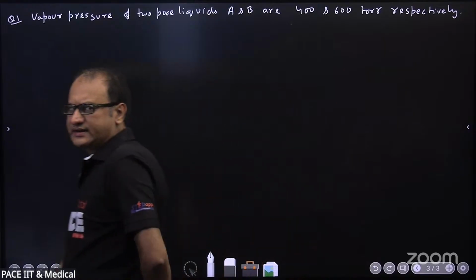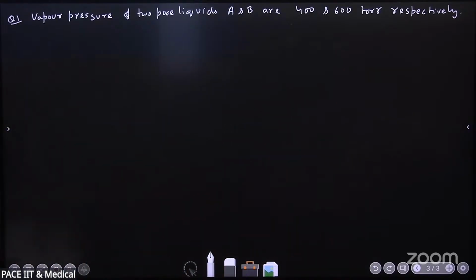There are two liquids A and B, and vapor pressure of pure liquids A and B are 400 and 600 torr respectively.